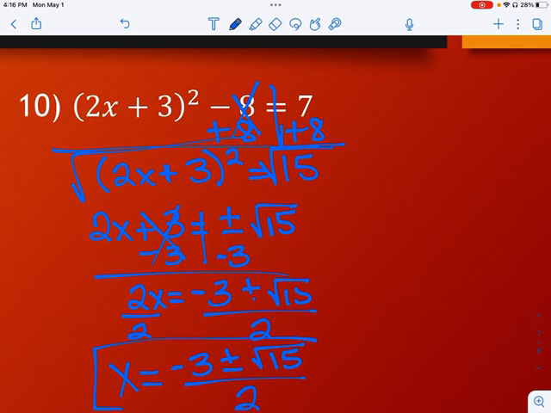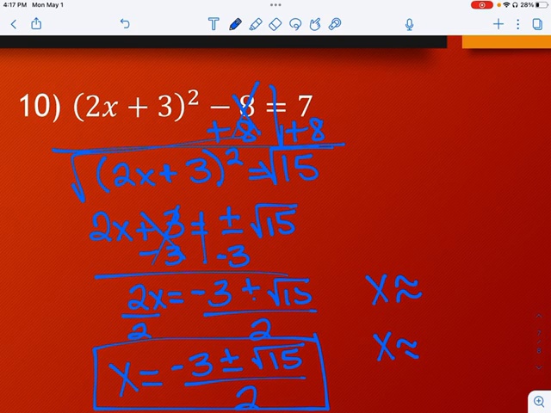Then I'm going to take my calculator, and now I'm going to punch in my two approximate answers. When you're punching these in, what I recommend is find the answer for the numerator and then divide it by 2. So we're going to go -3 plus second x squared 15, press equals.